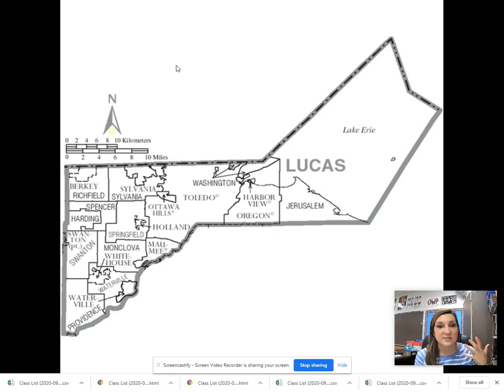So here's a map of Lucas County. And Lucas County can be divided even further into cities and townships, towns, other things like that. And you could even go on from there. You have your neighborhoods, you have your homes. But that's a bit like a crash course in how the world is divided.